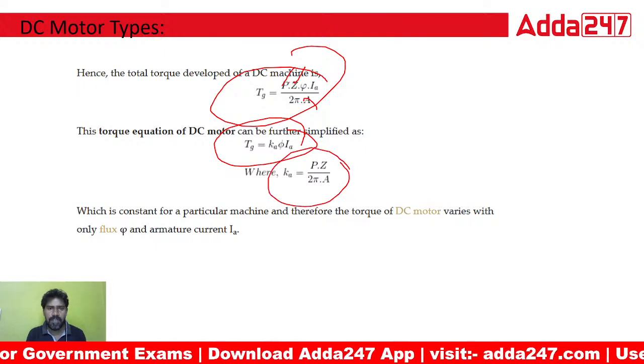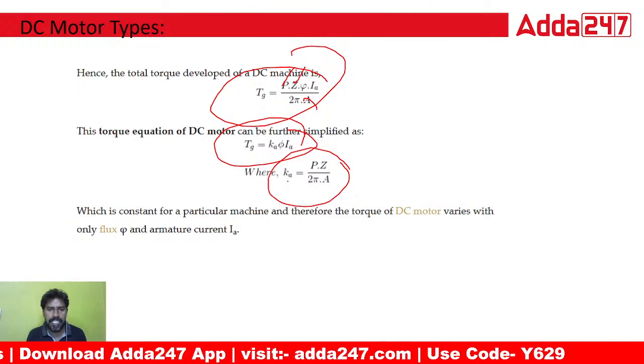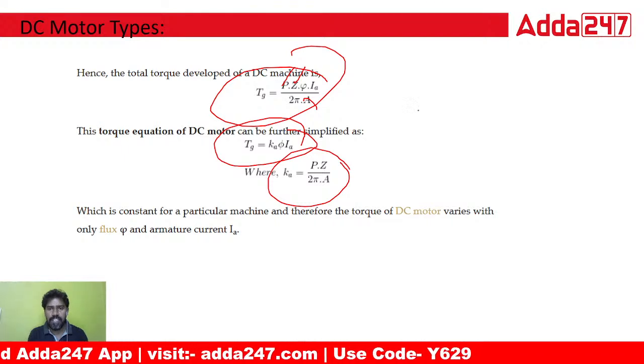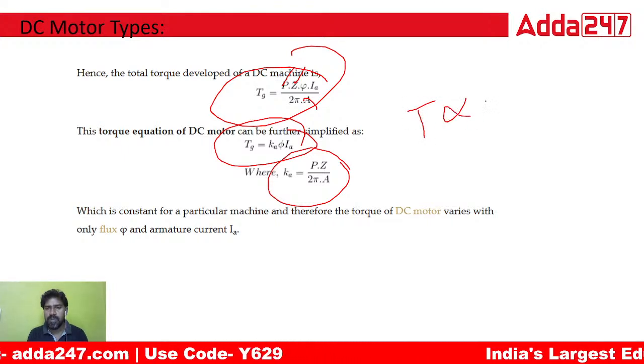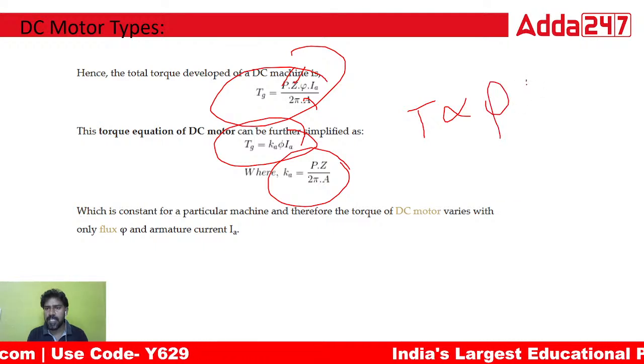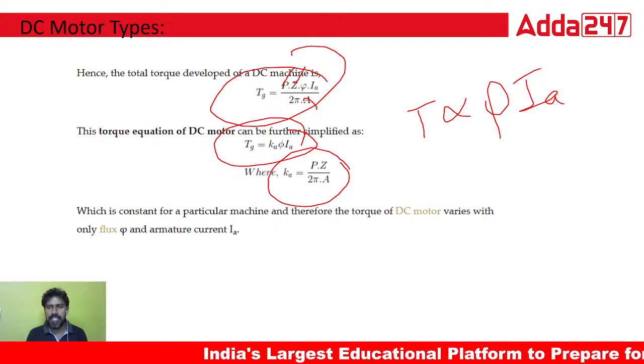Whatever parameters we assume constant, we are going to keep as Ka. So finally, torque is directly proportional to flux into armature current. You can remember, flux into armature current.